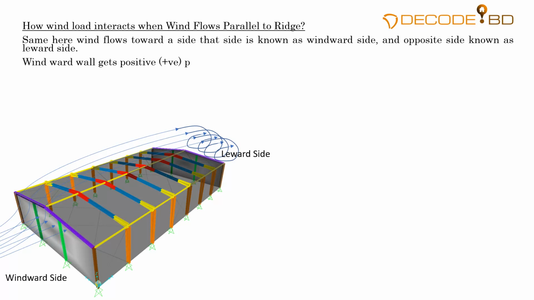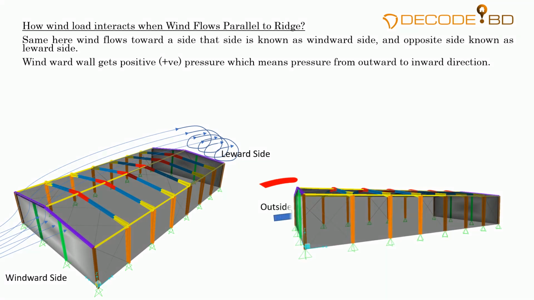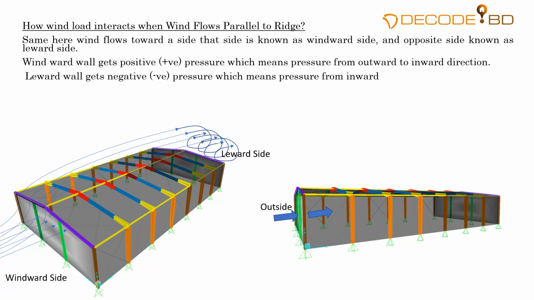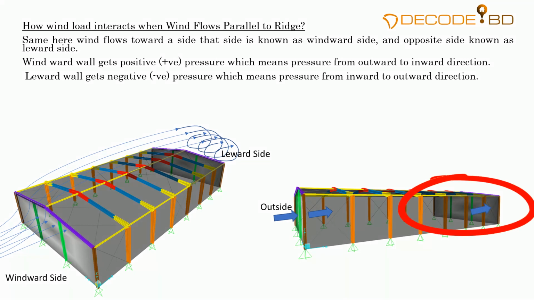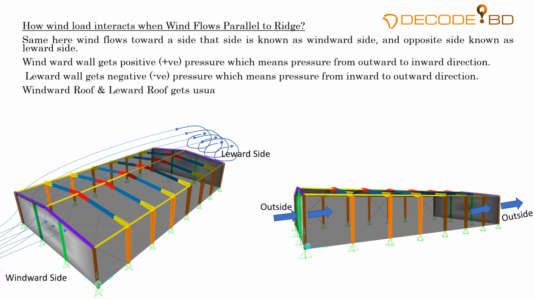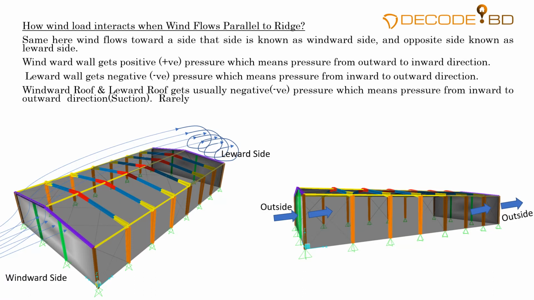Windward wall gets positive pressure, which means pressure from outward to inward direction. In the figure we can see from outside to inside, that means outward to inward. Leeward wall gets negative pressure, which means pressure from inward to outward direction. Windward roof and leeward roof usually get negative pressure, which means pressure from inward to outward direction, that means suction.